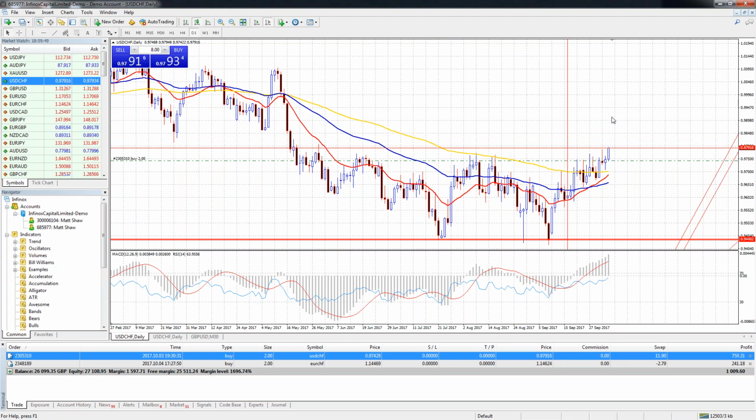If we break this, we can rally another 200, 300 pips. It's a great little buy if we break this neckline. Always look to the daily for these types of potential reversals, as seen in a few videos ago.